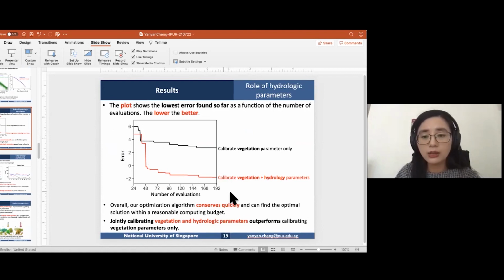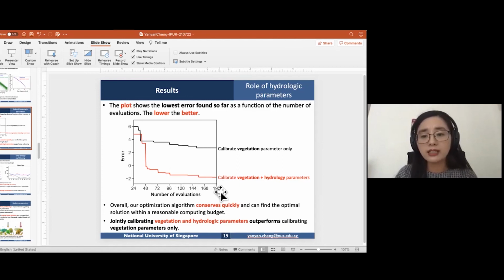I also tested a case with almost 400 evaluations, and the algorithm can continue to get lower, but not by much. So finally we picked this 192 simulations to consider both the computational time and a reasonable solution we can have.